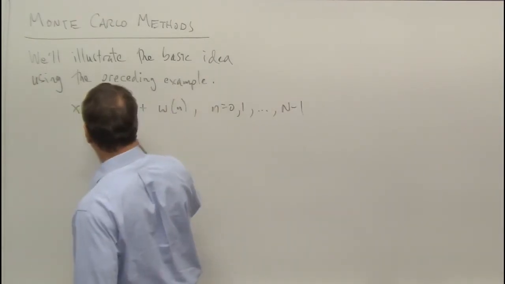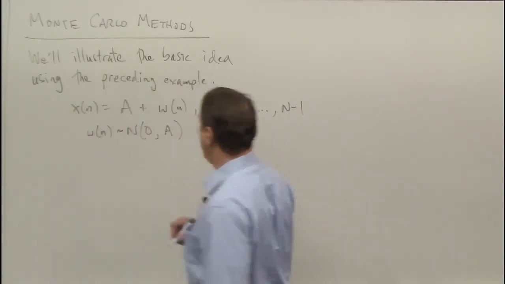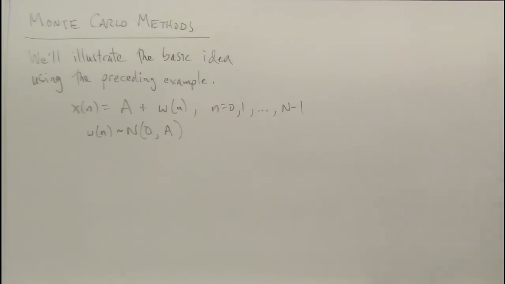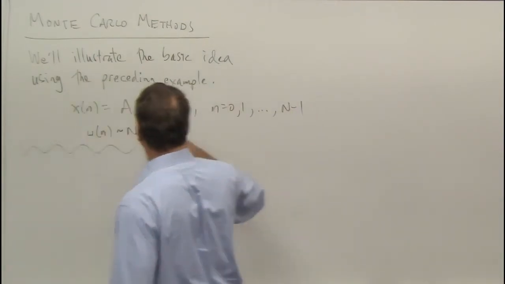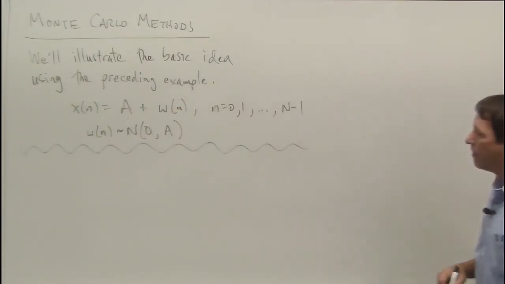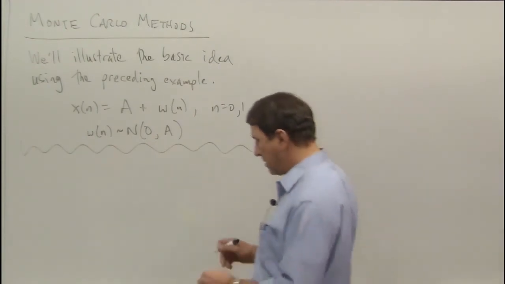And w of n is a Gaussian random variable, zero mean with a variance given by the same as the mean of x, that is A. And so what we need to do is to generate a set of random data to investigate what happens.